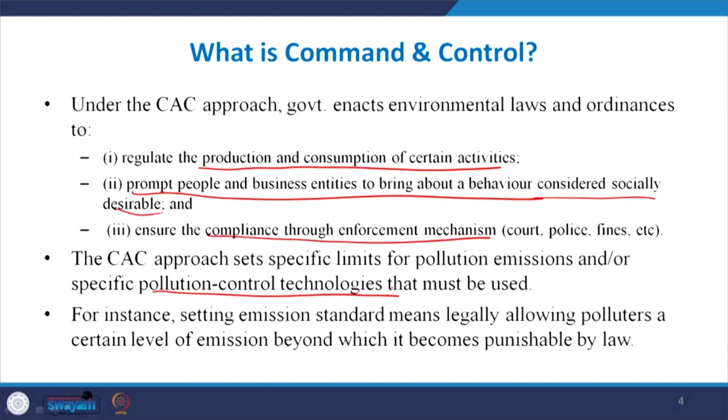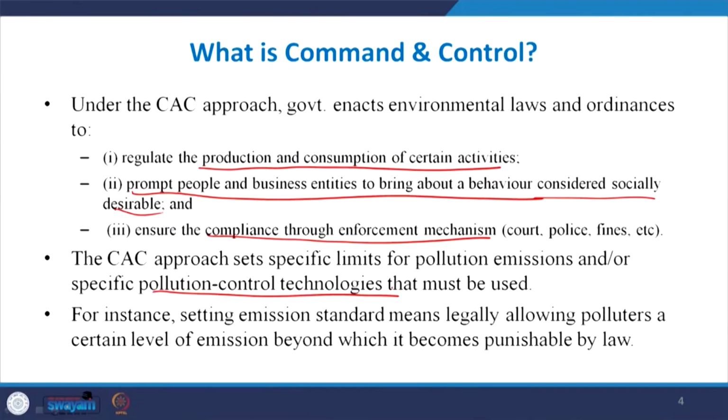One, as I told you, is emission standards, where the minimum standards can be set, and if some company is not maintaining that standard, then the company can be punished. The other may be technology.